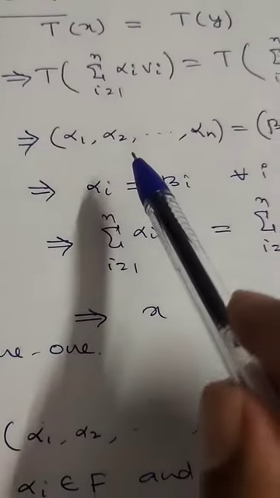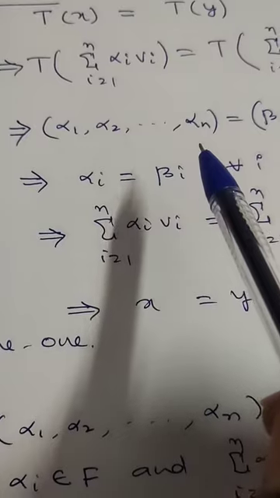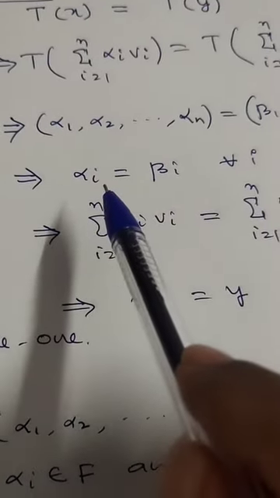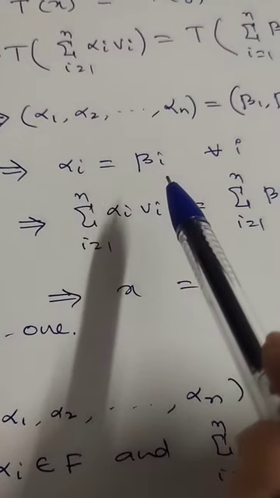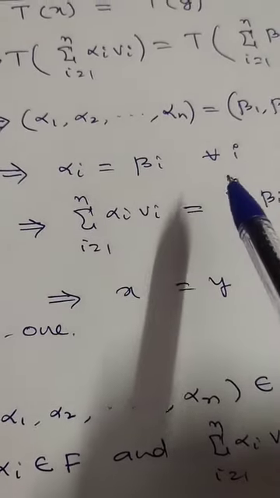Since the tuple (a, b) equal to (c, d) implies a equals c, b equals d, likewise each alpha i must be equal to beta i: alpha 1 equals beta 1, alpha 2 equals beta 2, etc., alpha n equals beta n, so this holds for each i.